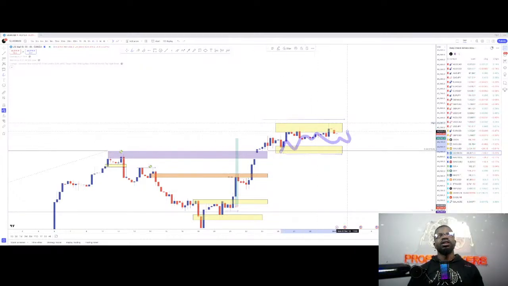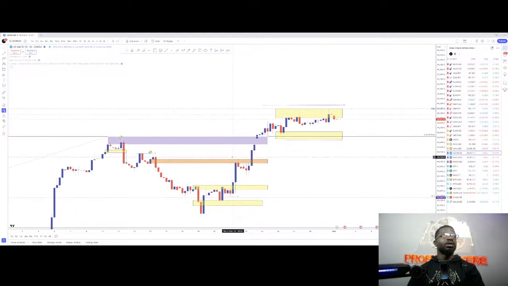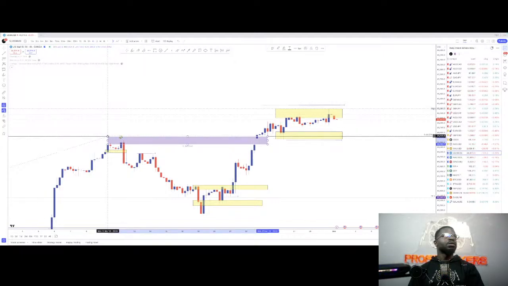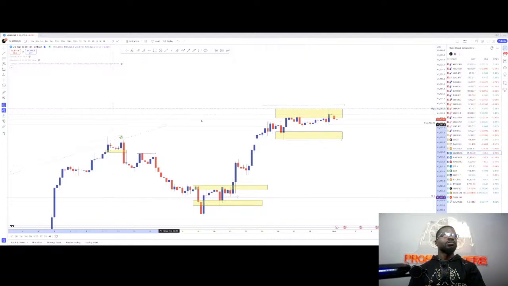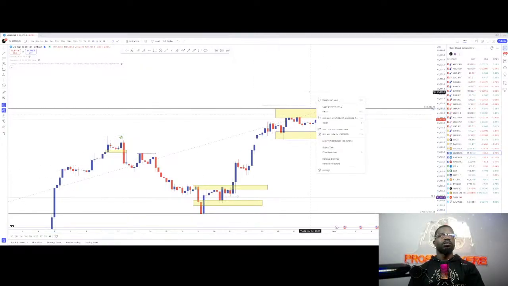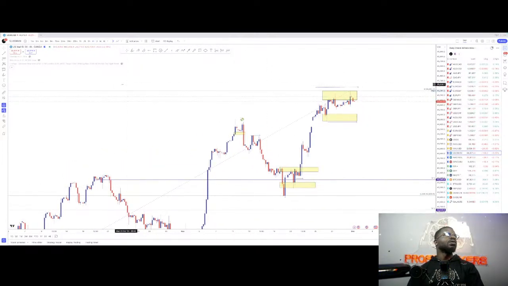So after consolidation at these highs, if we do not get a break above that area of consolidation, showing us that we have a potential continuation of the uptrend on US 30, we could see a fall in price. Okay, the 236 is right here at this low.